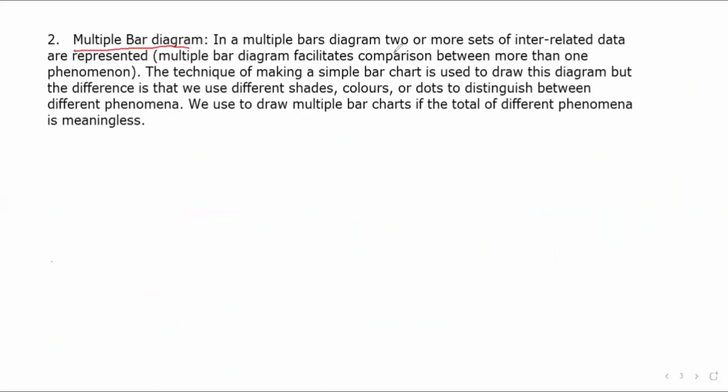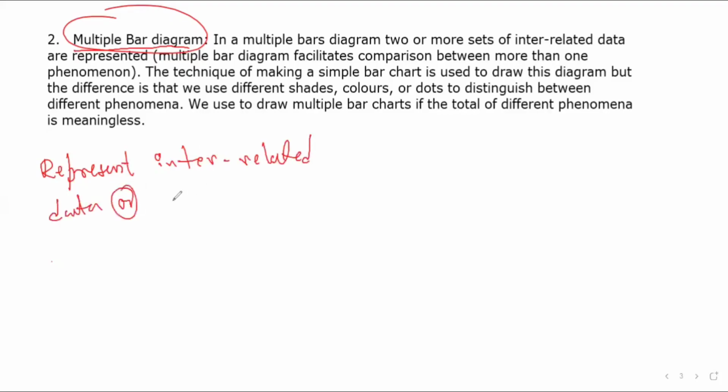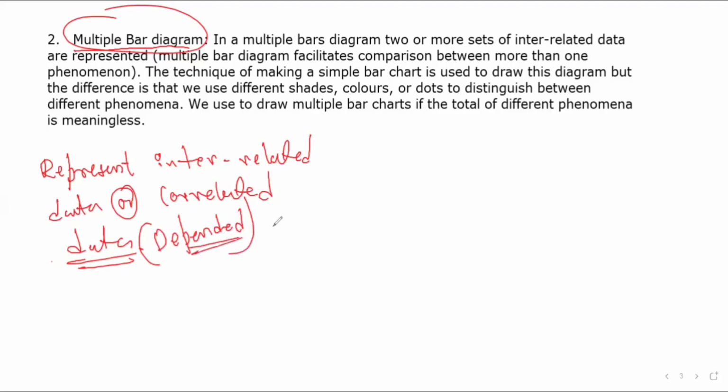In multiple bar diagrams, two or more sets of interrelated data or correlated data are represented. Interrelated or correlated data means dependent data.